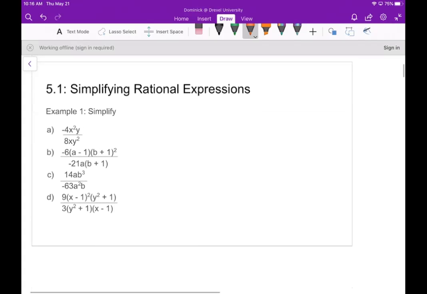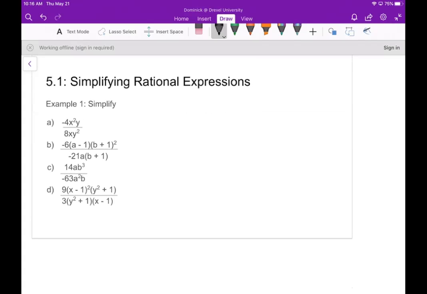Okay, so let's look at some examples. So in part A, we have negative 4 x squared y over 8 x y squared. And these sort of examples we looked at a little bit when we did dividing polynomials. Basically the idea is we just look at this component by component. So if we look at negative 4/8, we can simplify that to a negative 1/2.